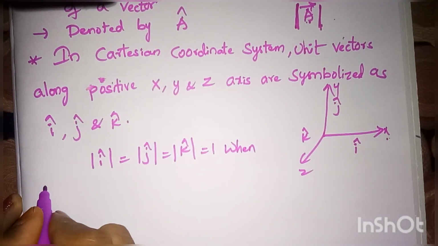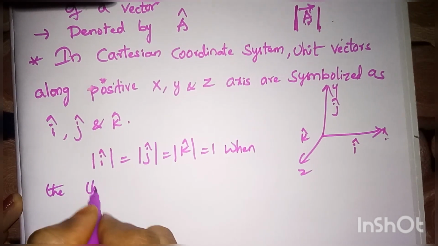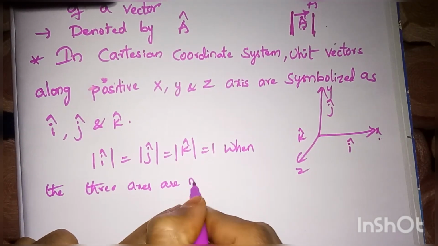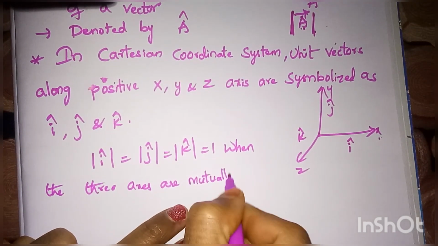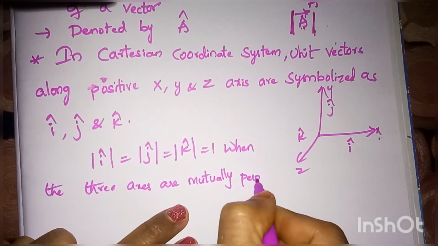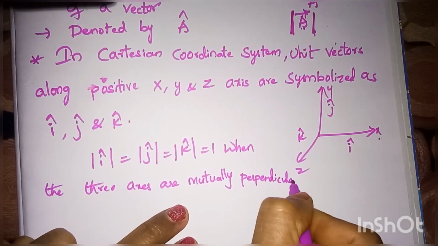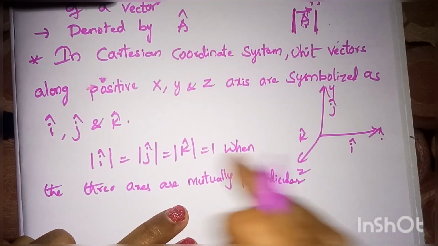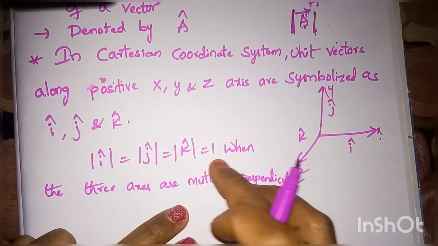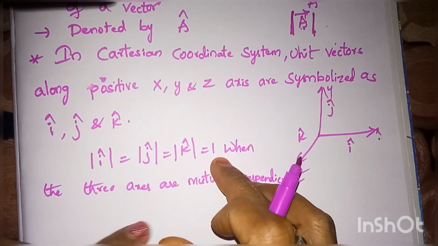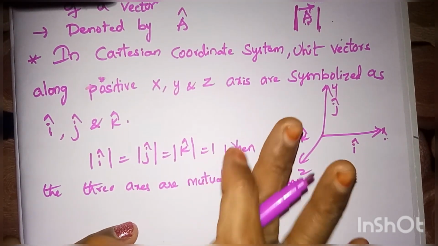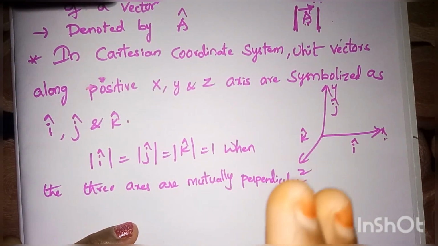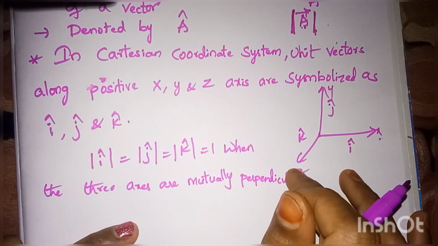When the three axes are mutually perpendicular to each other, the magnitude of the unit vectors is equal to 1. This is one of the important points, that the magnitudes of unit vectors are equal to 1 when the axes are mutually perpendicular to each other.